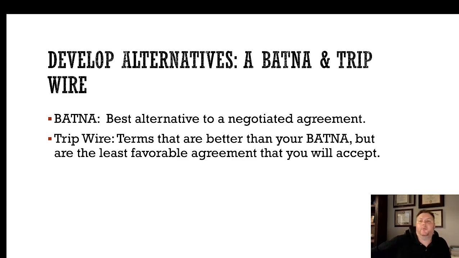Or you just don't know where the tripwire line is, right? So you want to set the tripwire line above the BATNA. What the tripwire does is make sure you get a good deal, because you got something better than what your options are, right? It's like saying, I'll buy it at Target if it's below $19.99, because that's a better deal, right? So always develop a BATNA, always develop a tripwire.